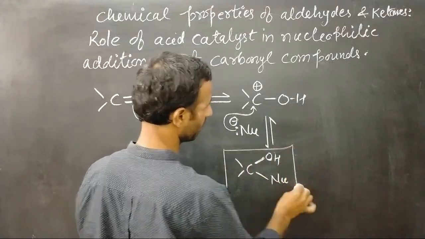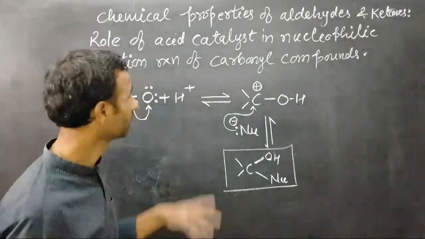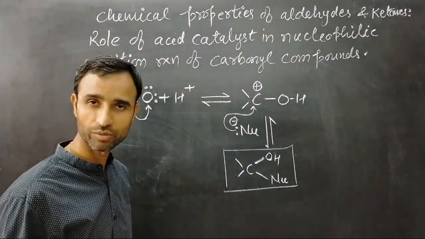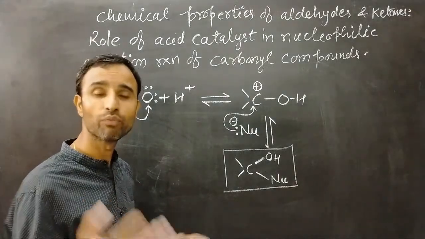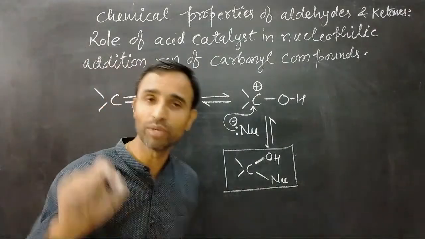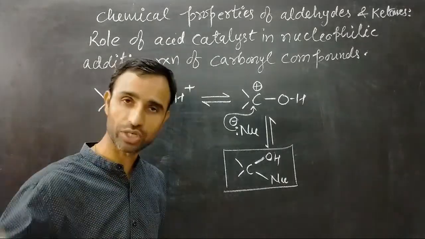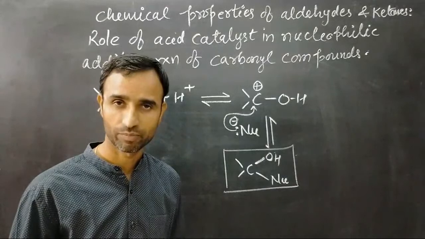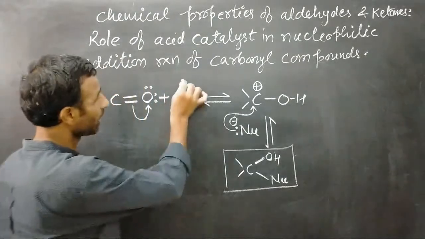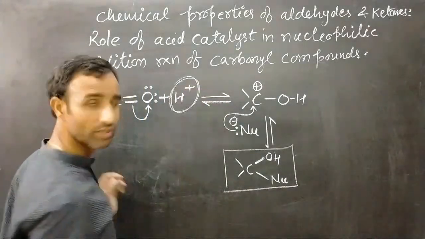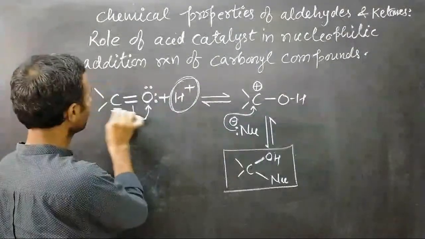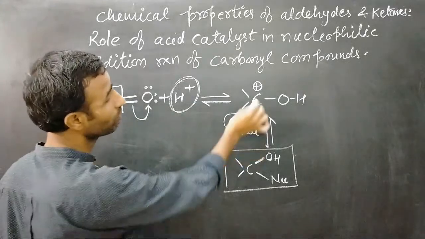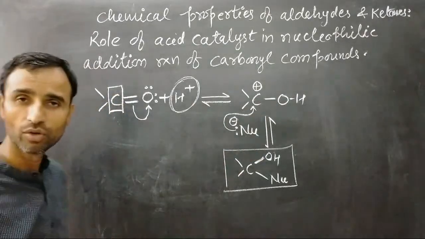That means the rate of reaction increases. That's why H plus ion is acting as a catalyst. If the reaction takes place in acidic medium, the reaction is faster than in the absence of H plus ions. Because when H plus ions are added, carbon gets complete positive charge before the attack of nucleophile.